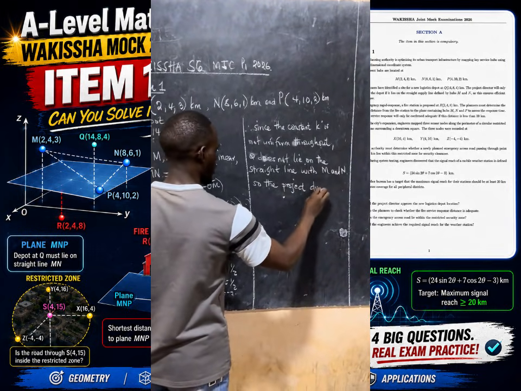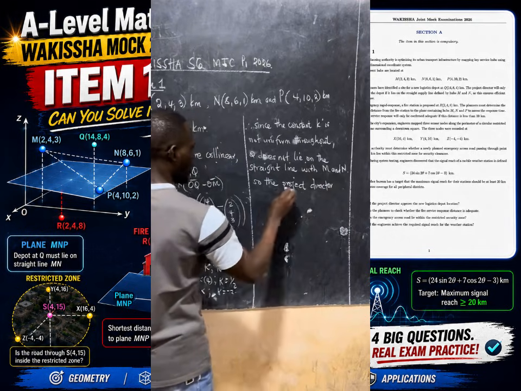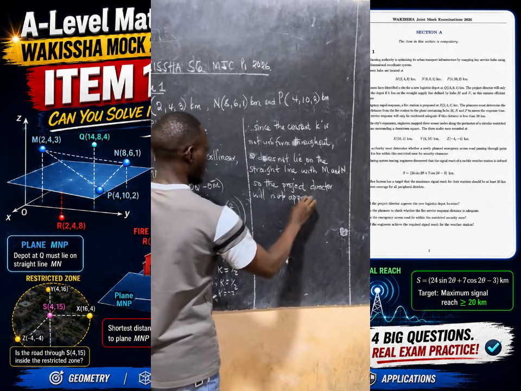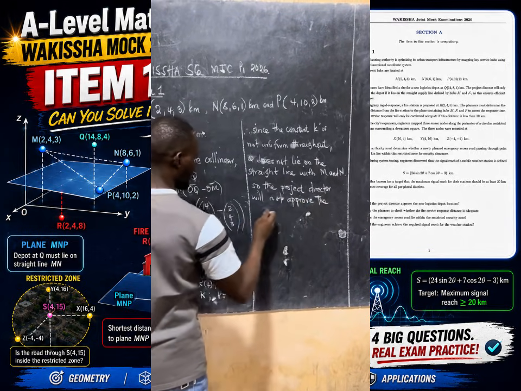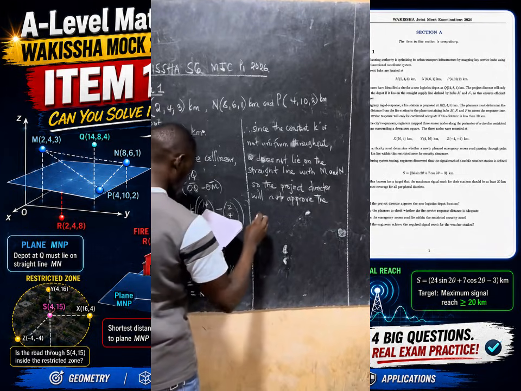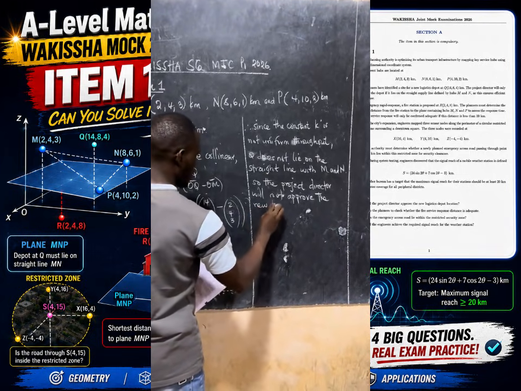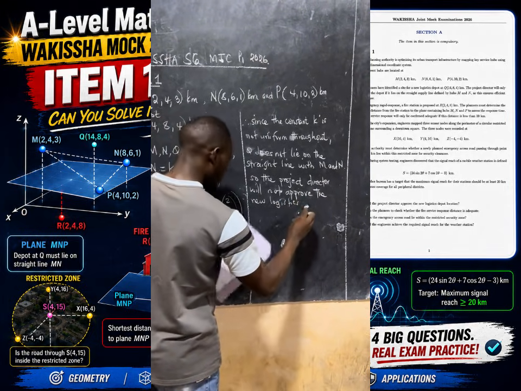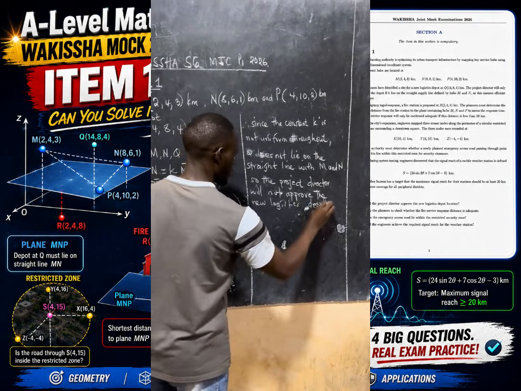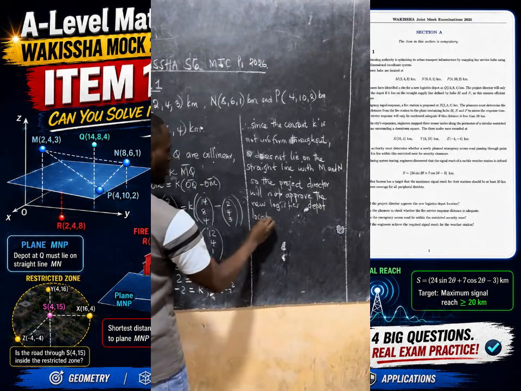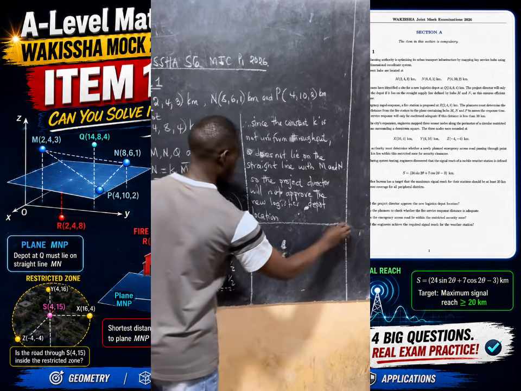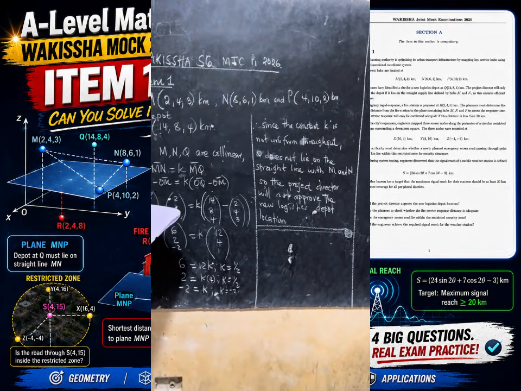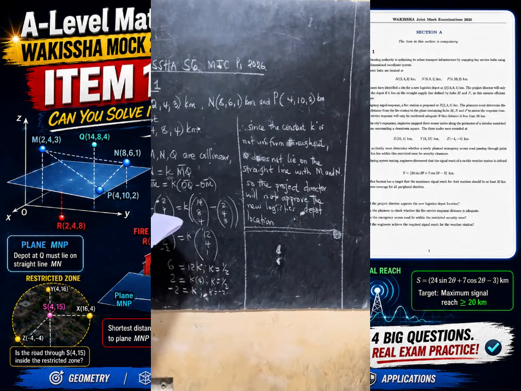The project director will not approve the new logistics depot location. Conclusions are a necessity. Then we can proceed with the same item.